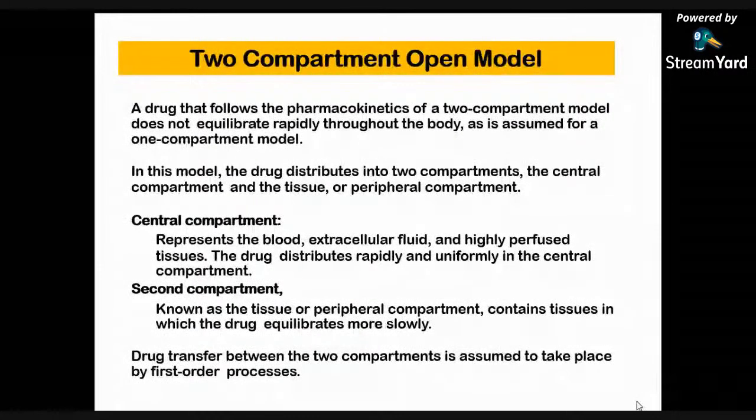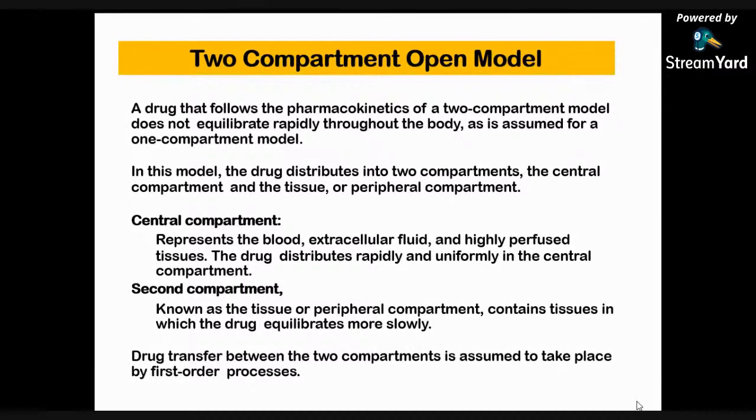From this classification, we can say that the classification of a particular tissue, for example the brain, into the central or the peripheral compartment depends upon a physicochemical property of the particular drug. A highly lipophilic drug can cross the blood brain barrier, so the brain would be included in the central compartment.